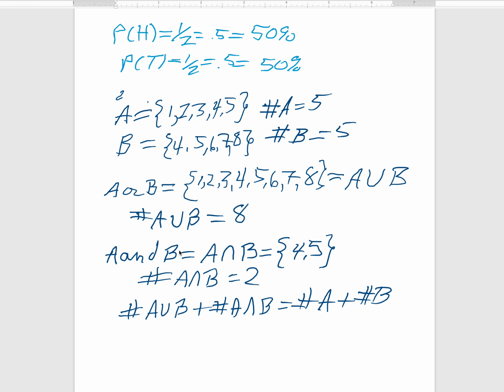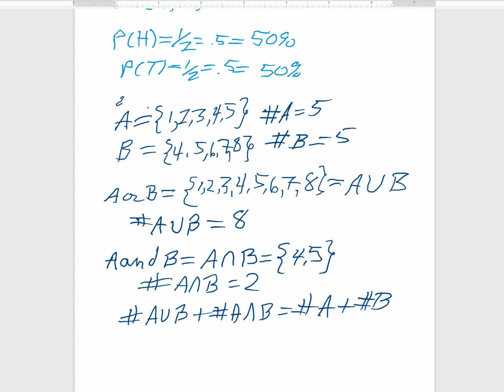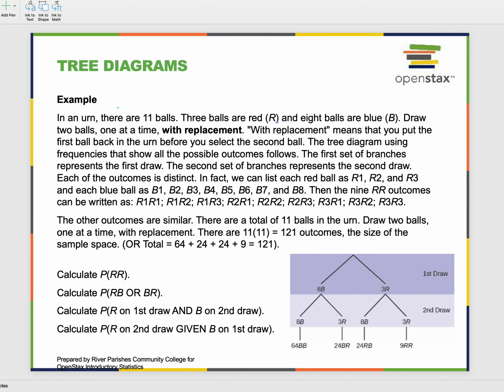Let's go down here. All right, let's add another page here. So how many red and blue ones are there? 3 are red, 8 are blue. And let me make this black so that I'm not confused with the colors.